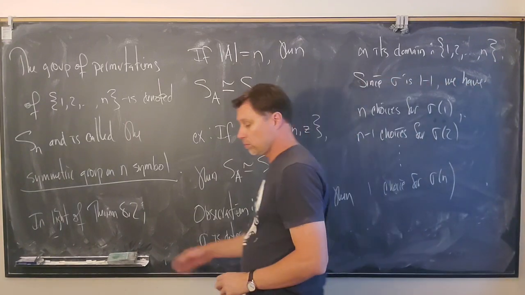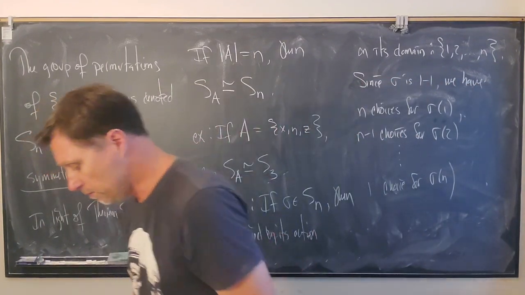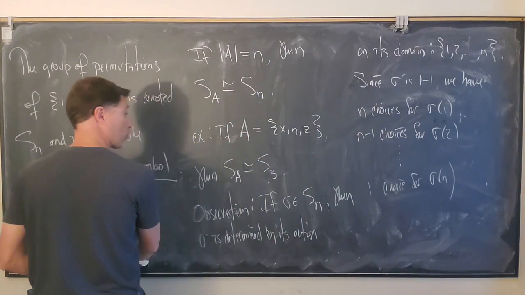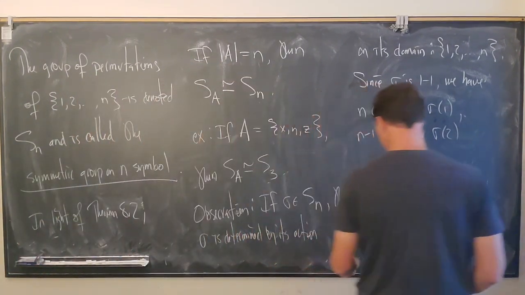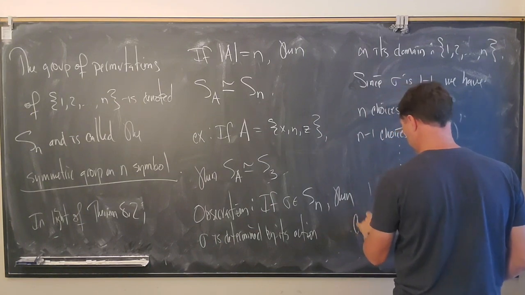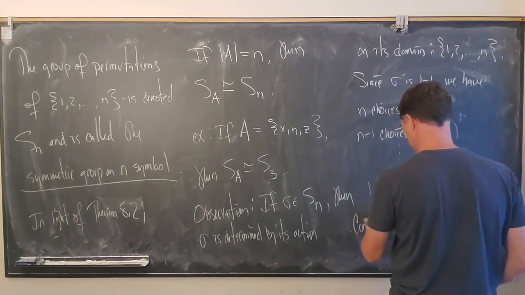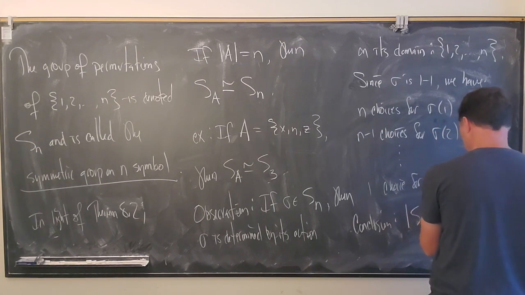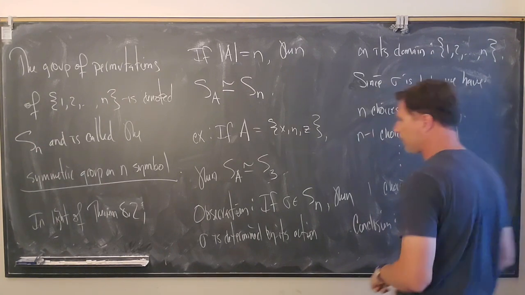In other words, that tells us exactly what the order of the symmetric groups are. So the conclusion is that the order of S sub n is equal to n factorial.